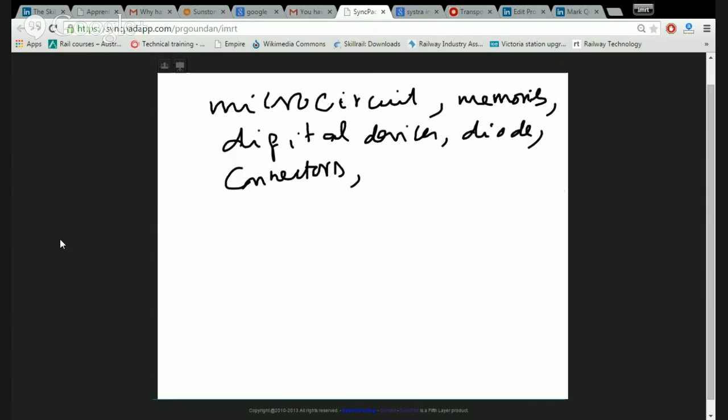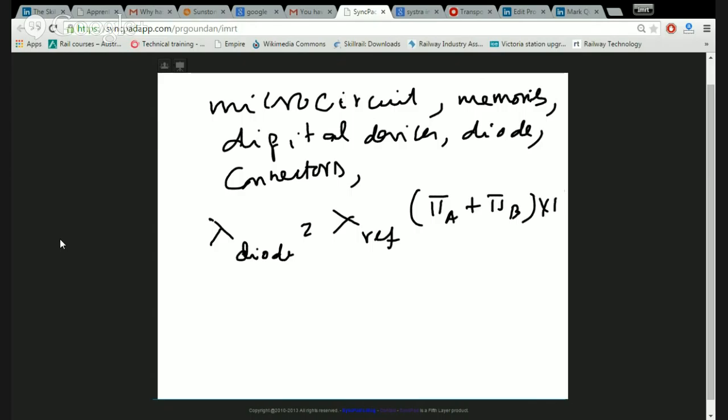The only difference is, for a capacitor, whatever equation I have given, it may be like that. For a diode, I take lambda for a diode. The lambda reference will be there, and this equation will be something different. Maybe pi A plus pi B. It may not be pi A into pi B, or it may be pi A plus pi B into pi Q. So this format will be different.